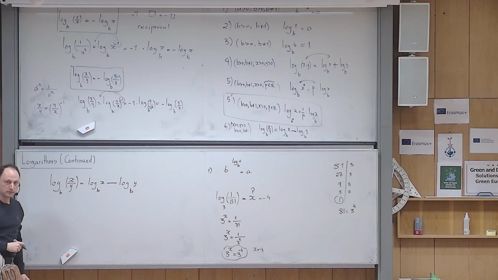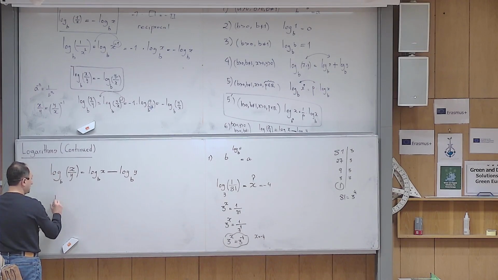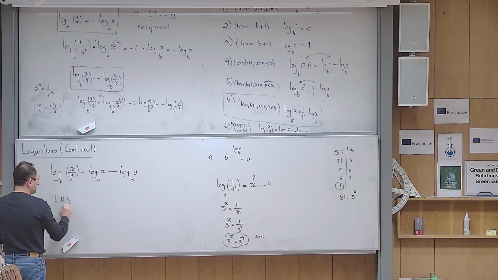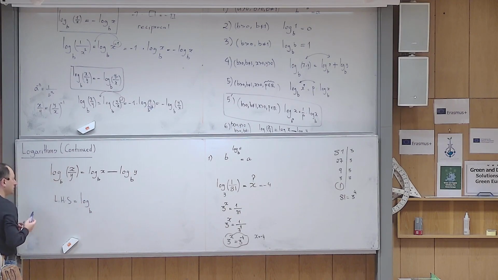Yes? You can write x divided by y as x times 1 divided by y. Very good. So what you can do is start from the left-hand side. So this becomes equal to the log. So what he said is very important. I want you to really understand these things. x over y is a division, but every division can be viewed as a multiplication.